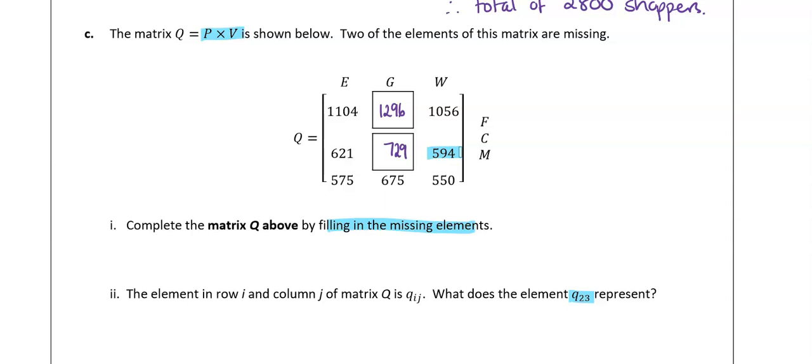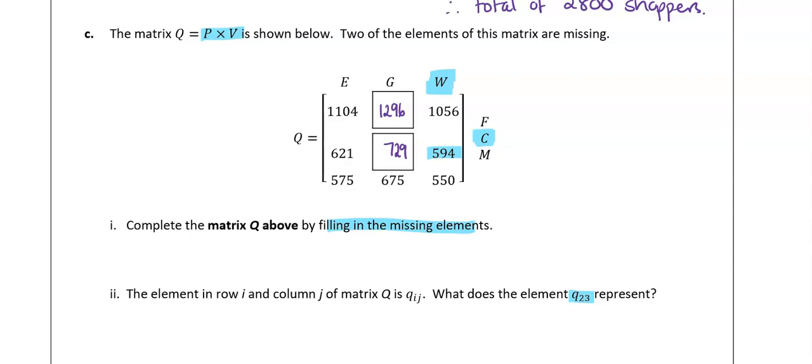And so we want to read from that our row label and our column label. Okay, so our row 2, which would be clothing, and column 3, which is the West Mall. And so what does that element represent?